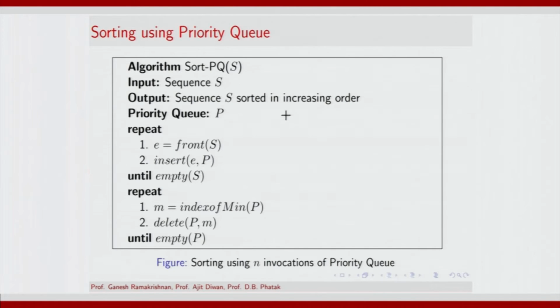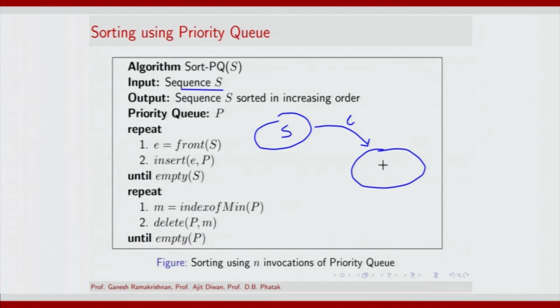So, the basic idea of sorting using priority queue is that an input sequence S is iterated upon, and for every element E within S, place that into this auxiliary data structure P. As I pointed out, this is done for each element E of S. Thereafter, you pick elements from P in an intelligent manner.